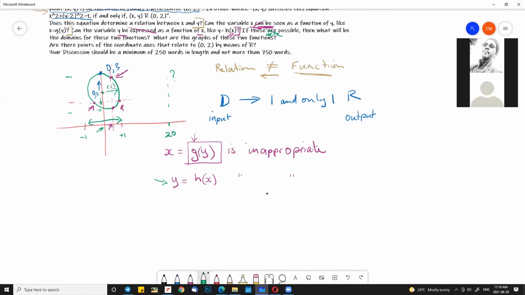And you could write the domain in set notation, whatever notation you want. So we could say the domain of y will be between -1 and +1, right? And then we could say the domain of x will be between 1 and 3.